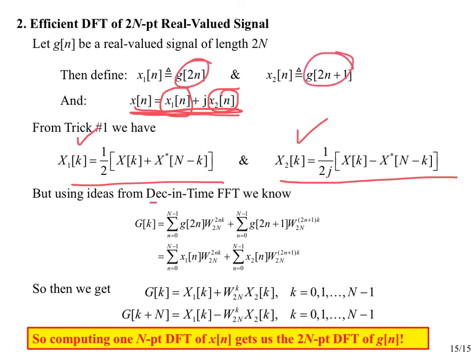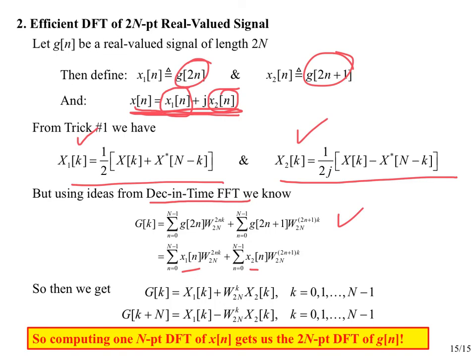And remember, when we developed our decimation in time FFT, we saw how to combine an n over 2 point DFT of the evens with an n over 2 point DFT of the odds to get an n point DFT of the whole thing. So we can do exactly the same thing, and that's what we're doing here. And then just rewriting it in terms of the x1 and the x2. And then this is our final result.